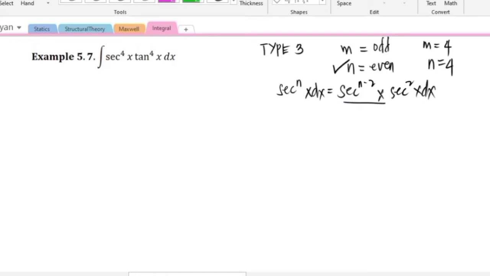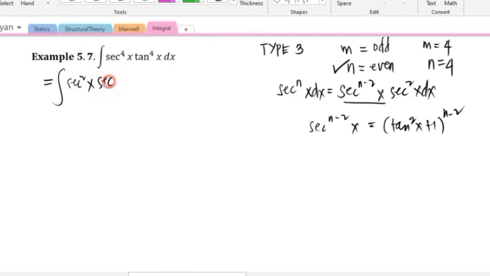Then, we will express this secant n minus 2 x in terms of tangent square x plus 1 to the power n minus 2 over 2. So, we would have the integral of, we will factor out the secant square. So, your n is equal to 4. 4 minus 2 is 2. So, that's secant square x secant square x tangent to the fourth x dx.